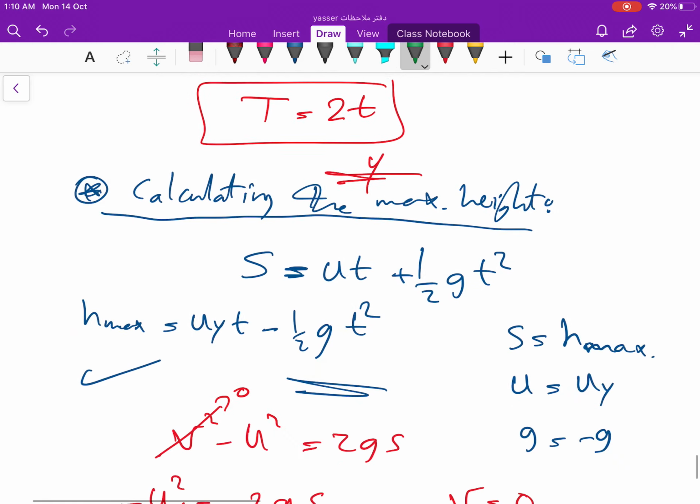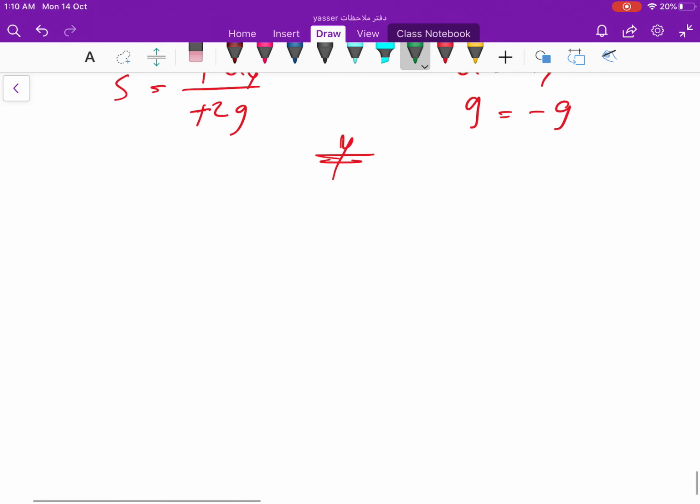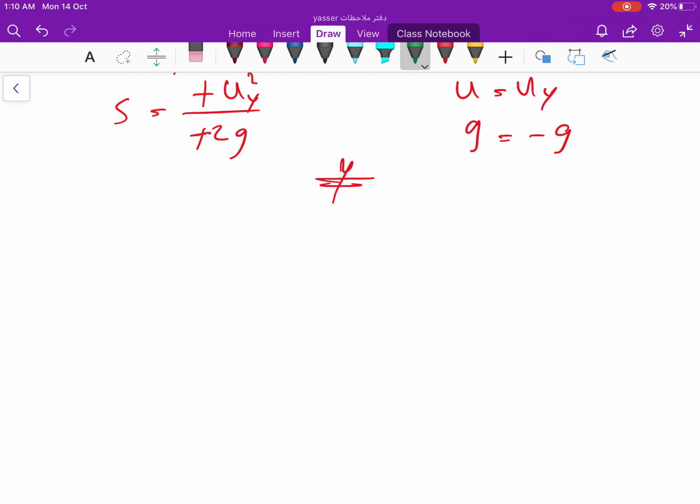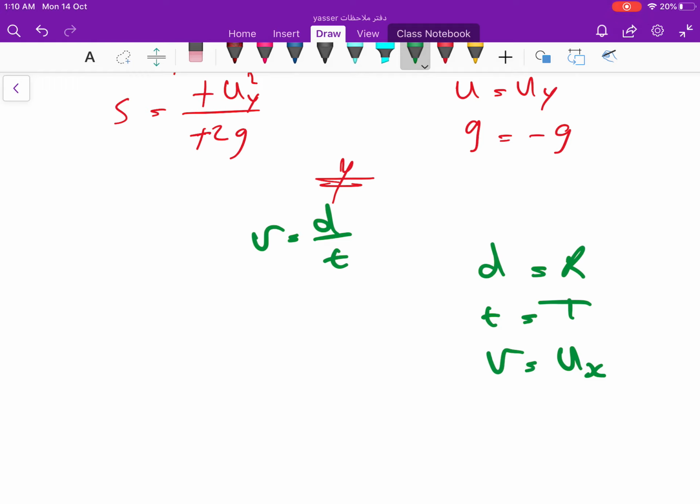If the horizontal velocity is constant, we are going to use the ordinary equation for calculating the range, which is v is equal to d divided by t. D is the range, t is the total time of the flight, v is ux or vx, it doesn't matter since it is the same. So for calculating range, we are going to make a cross multiplication.